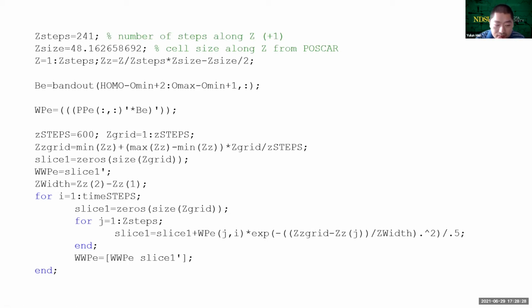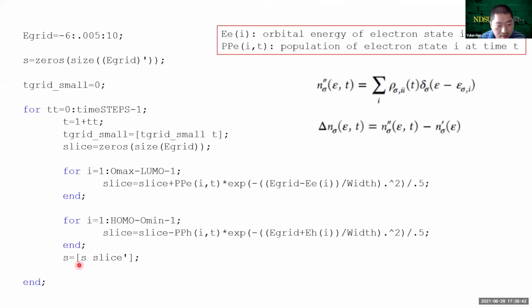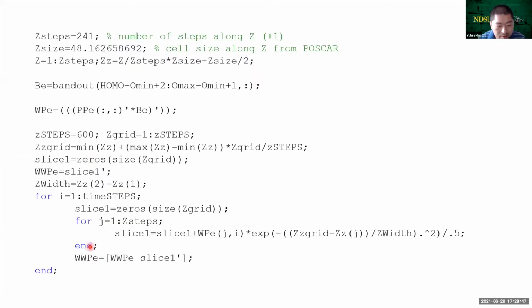Another difference is that for the hot carrier dynamics in space, we treat electron and hole separately. Previously we have a single field, but this time we have WWPE for the electron, and WWPH for the hole. I guess the middle is just the same, also the Gaussian distribution.